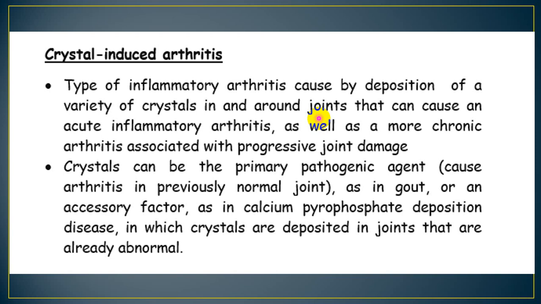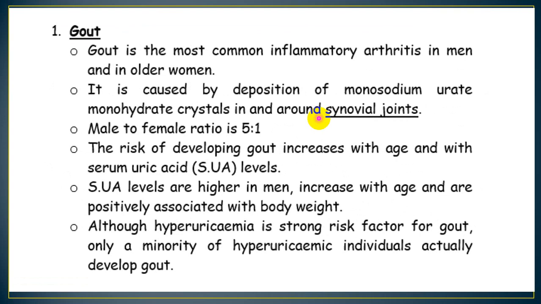So there are many types of crystal-induced arthropathy. We will talk about the most common and most important types. First of all is gout. A few points about gout. Gout is the most common inflammatory arthritis in men and postmenopausal women.